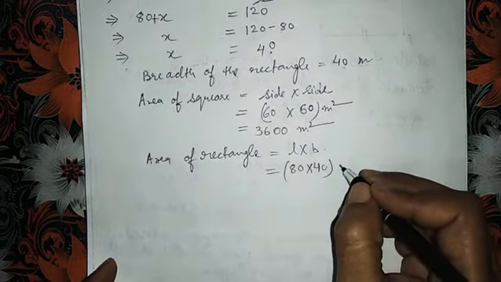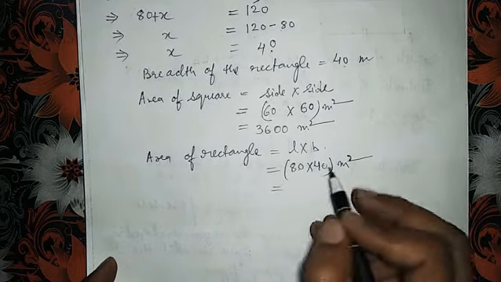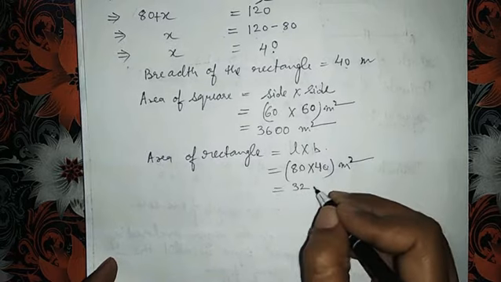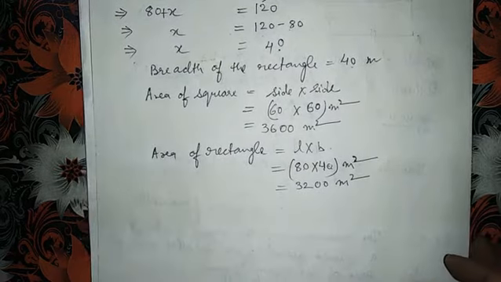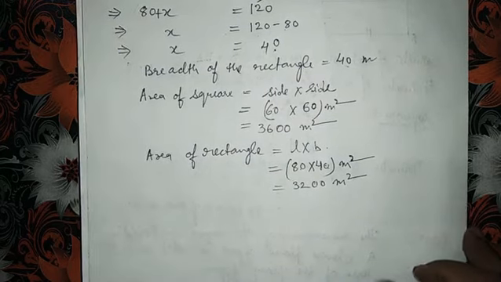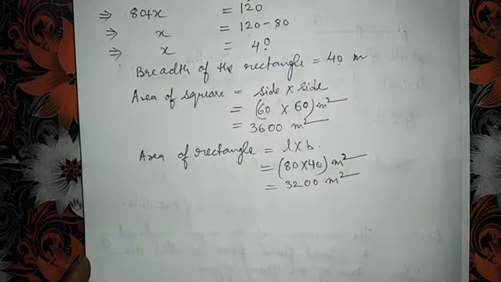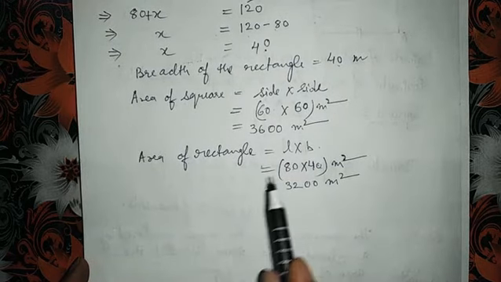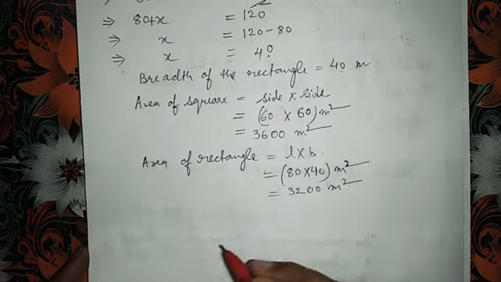We will close it in the bracket and then we will write meter square, and 8 4 are 32, and these two zeros we will put, then meter square. Now children, you can see here that area of square is coming greater than area of rectangle. Okay, so you will write your answer here.